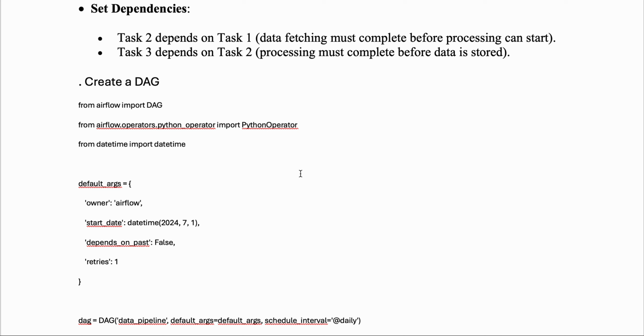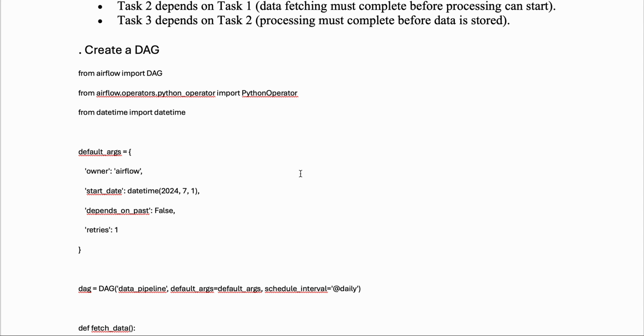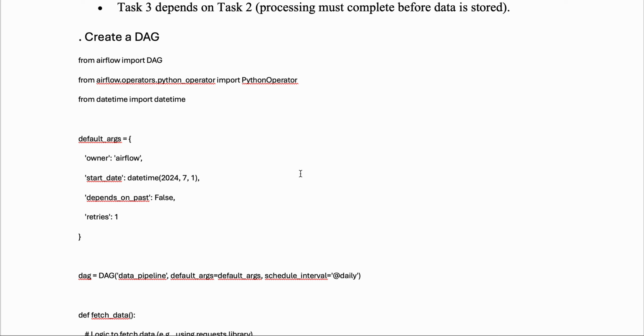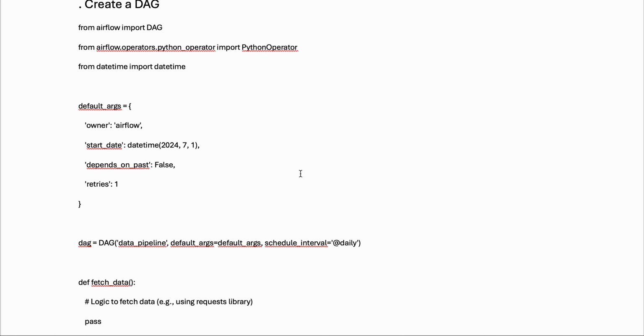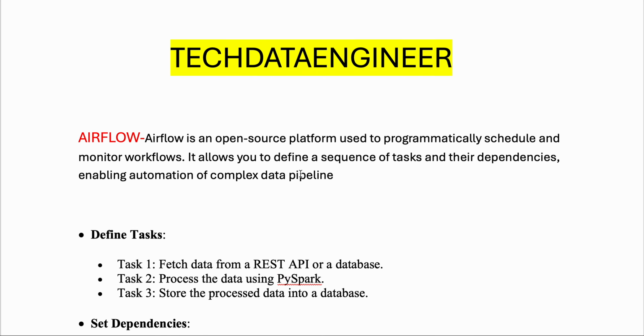Suppose there are 10 pipelines required to execute, then we define a single DAG. Under the DAG we import the PythonOperator, define an operator for each task, and then set the dependencies using bit shift, and then you can orchestrate your workflow. Okay. Thank you. Thanks.